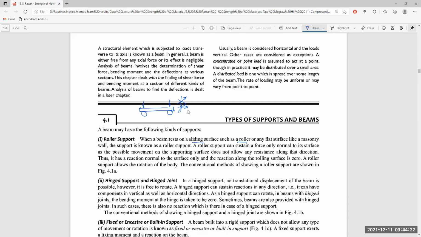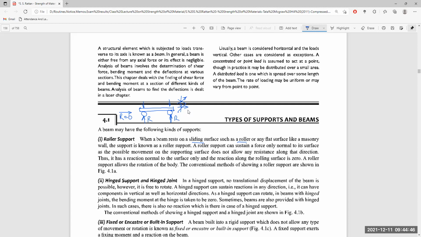The reaction is normal to the surface only, and the reaction along the supporting surface is zero. This is the reaction R, but the reaction along this direction, R, is equal to 0. A roller support allows the rotation of a body. This is the conventional representation; we will give more detail afterwards.